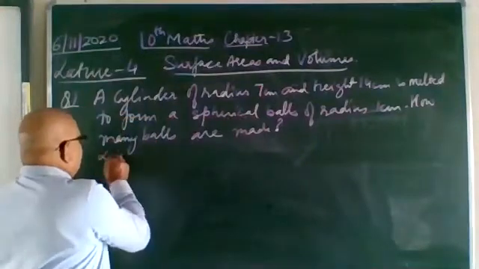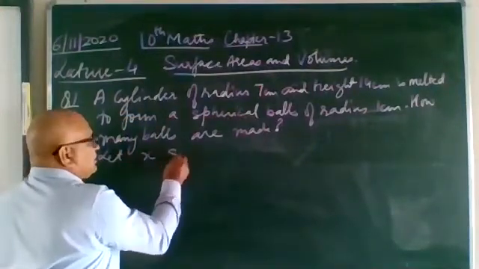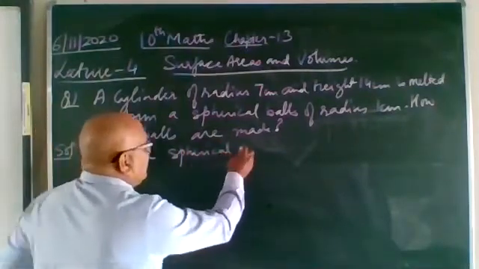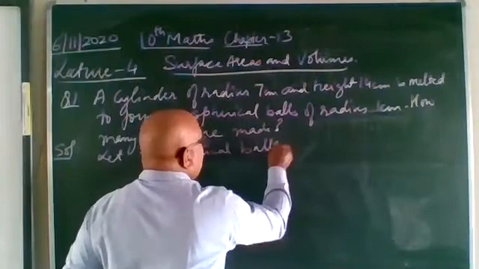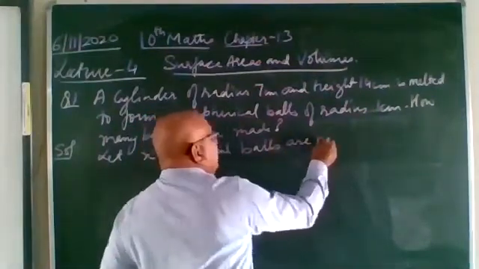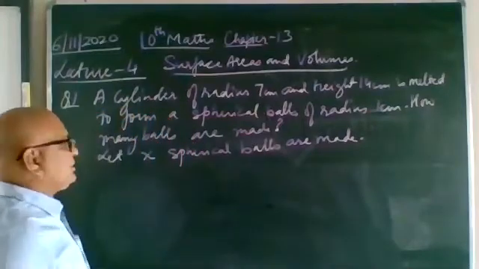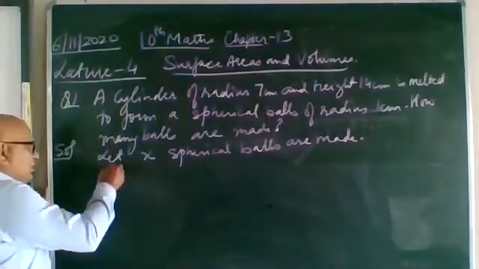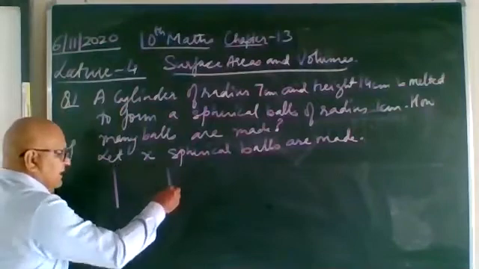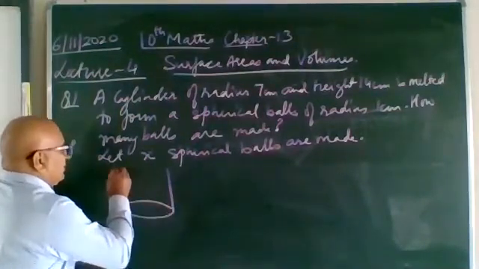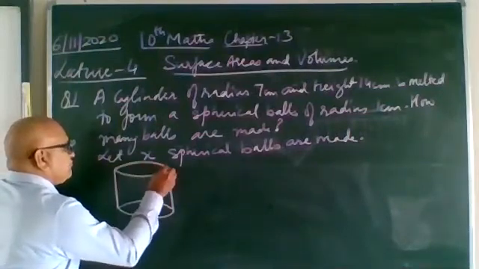So what you will write? Let X spherical balls are made. Now you make the front diagram. This is a cylinder.